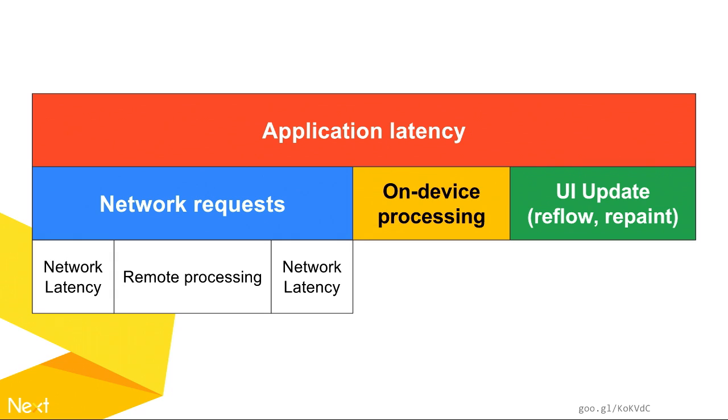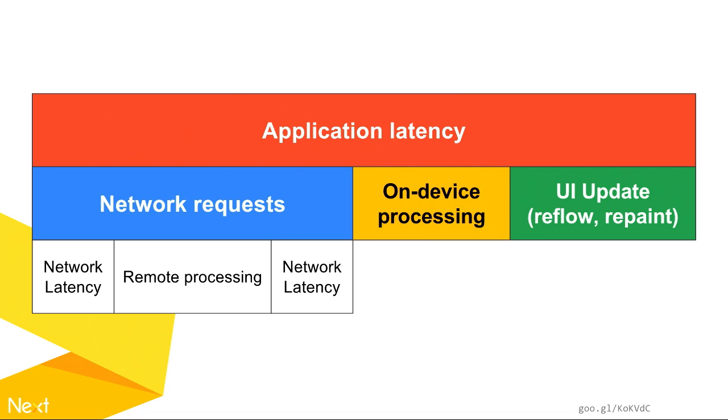So breaking down at a really high level, application latency. We can think of things, so on the left of this slide would be the user initiating an action, and on the right, when they see the actual update. We have any network requests, which I think a lot of people here are concerned about, which consists of latency of the request going out, whatever's happening on the server, and maybe dependent servers from there, and then the time it takes to come back.